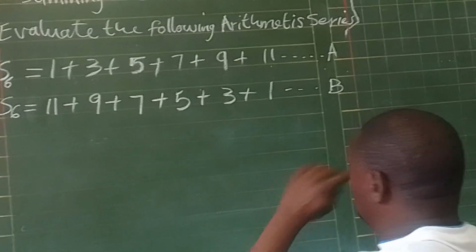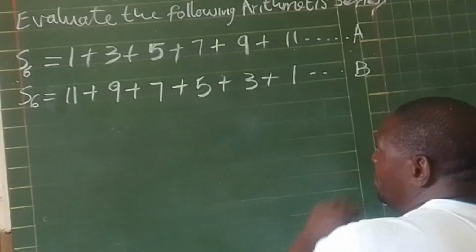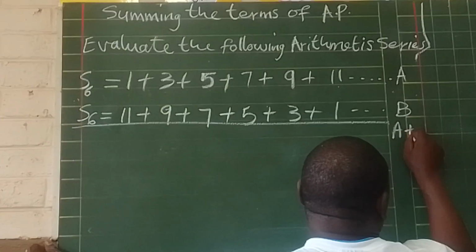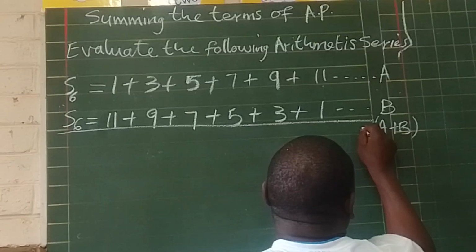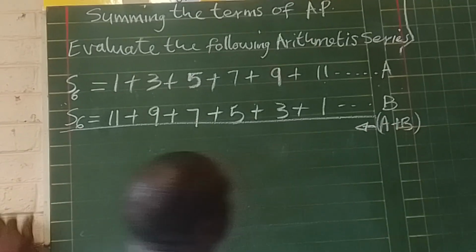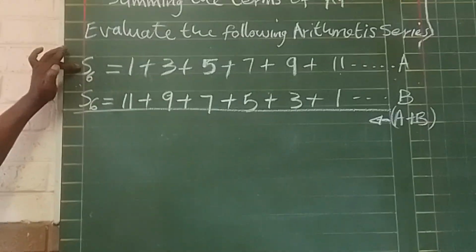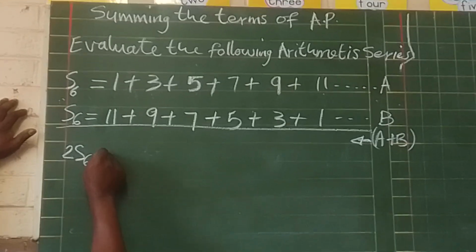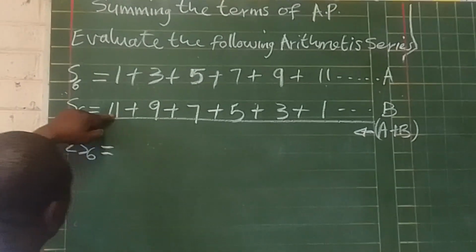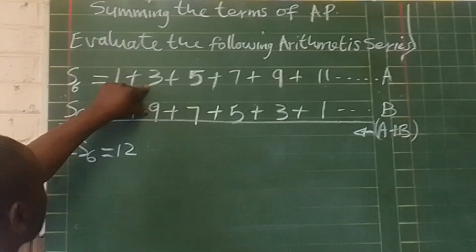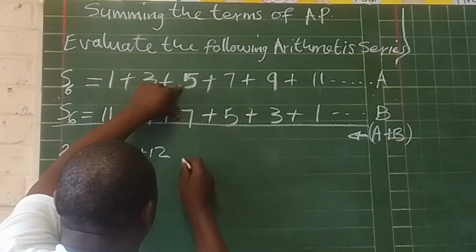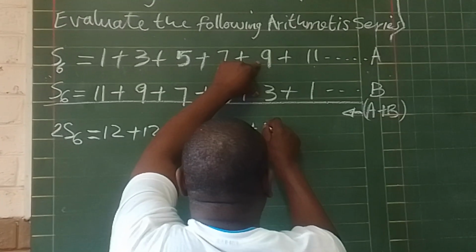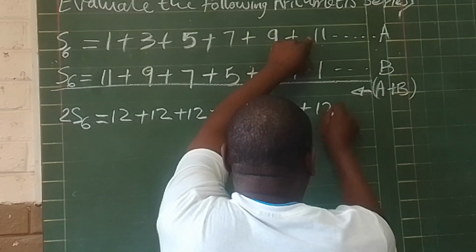Now from here we are going to add A and B. S plus S is 2S6. 1 plus 11 is 12. 3 plus 9 is 12. 5 plus 7 is 12. 7 plus 5 is 12. 9 plus 3 is 12. 11 plus 1 is 12.